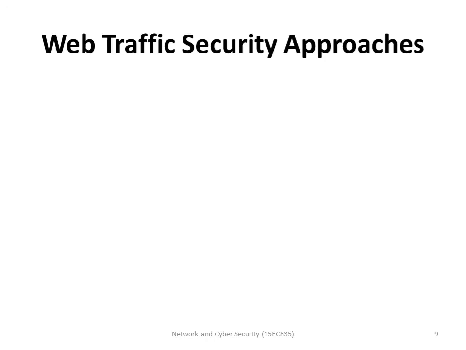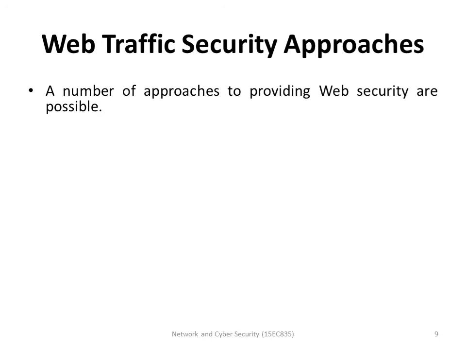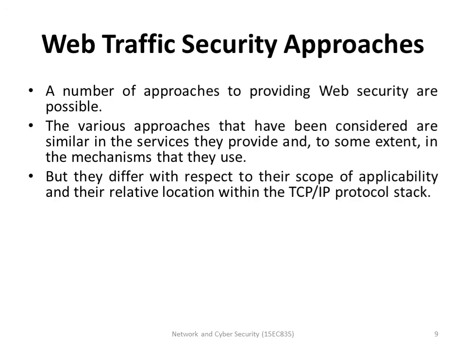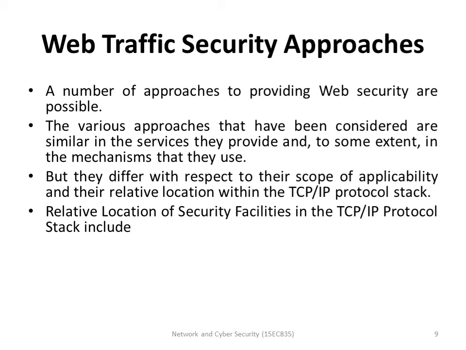So friends, we have seen the web traffic security approaches, and we know that a number of approaches are there to provide web security. They are similar in the services they provide and to some extent in the mechanisms they use, but they differ with respect to their scope of applicability and their relative location within the TCP/IP protocol stack.